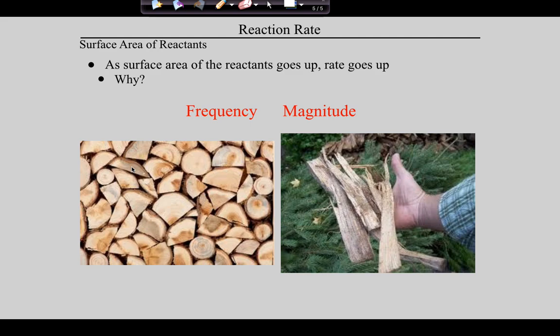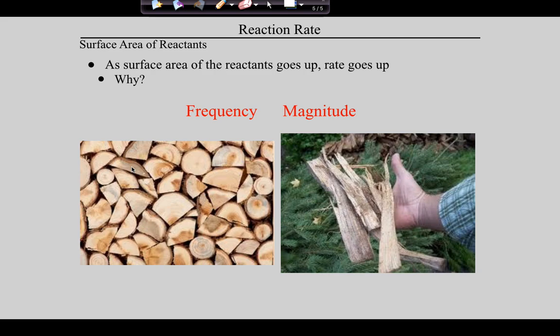The question is why? Why does extra surface area make things more flammable? Is it a question of frequency or magnitude? So guys, what has to happen in order for the wood to burn? What does it have to collide with? Oxygen. And if you've got a log, the oxygen can only hit it on the outside.